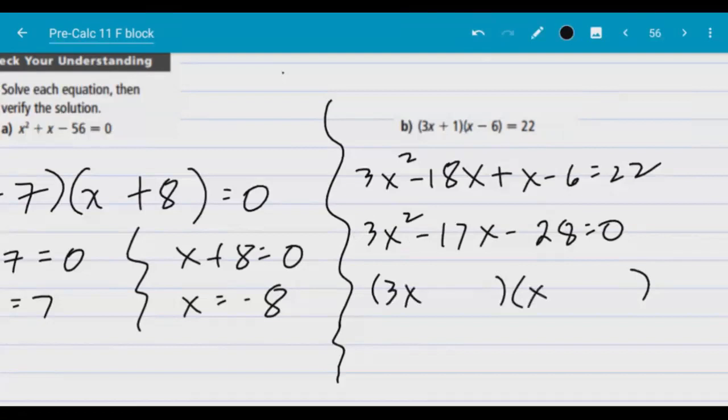There's no other way, right? Now, what else should I do? What two numbers would multiply to negative 28, and then when I do the FOIL, I would have negative 17x in the middle? But that would be minus 7 here, plus 4. Now, if you're thinking, how do I know that? Well, like I said, do the decomposition, and this is what you're going to end up with. All right.